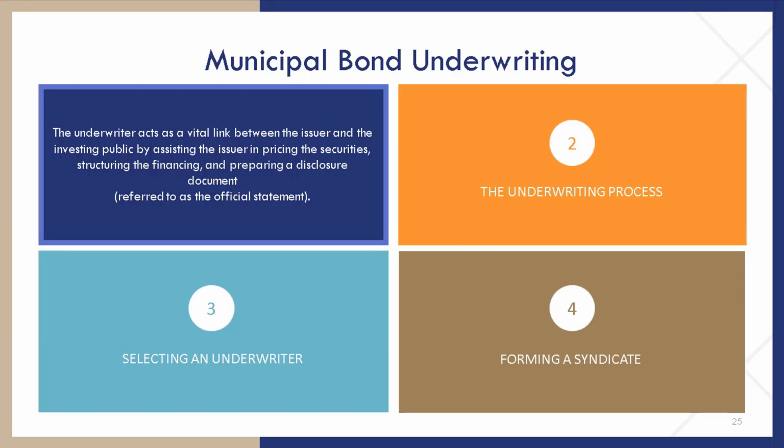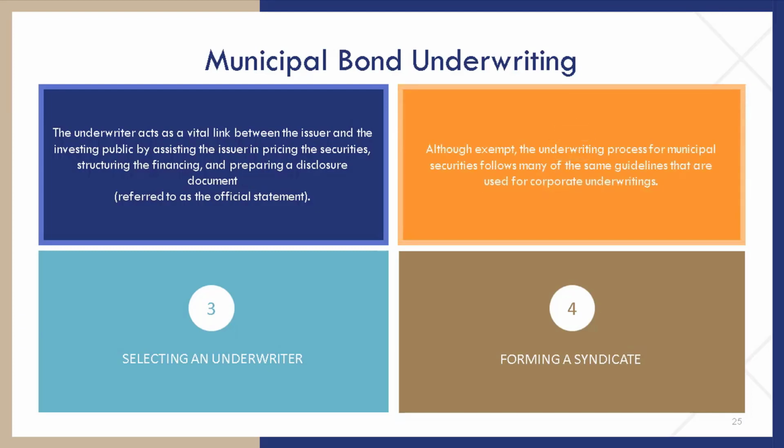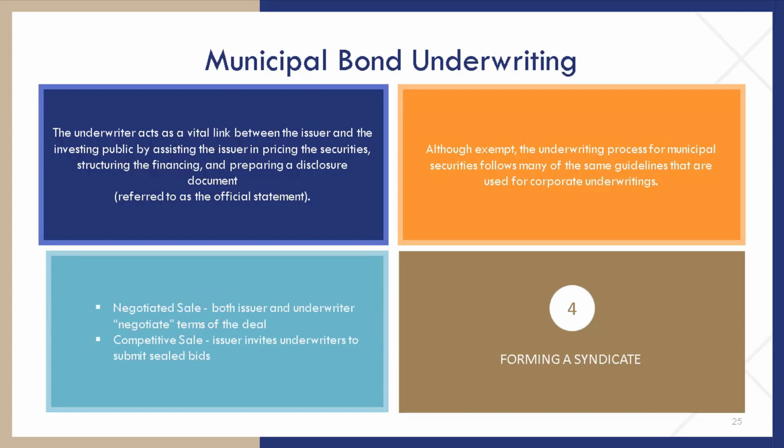The second box, the underwriting process. Although exempt, the underwriting process for municipals is very similar to a lot of corporate deals. How do they select an underwriter? It might be through a negotiated method or a competitive method.